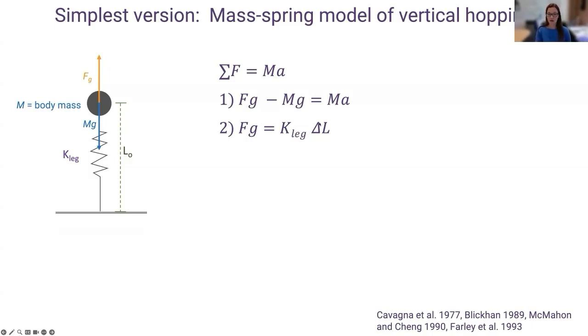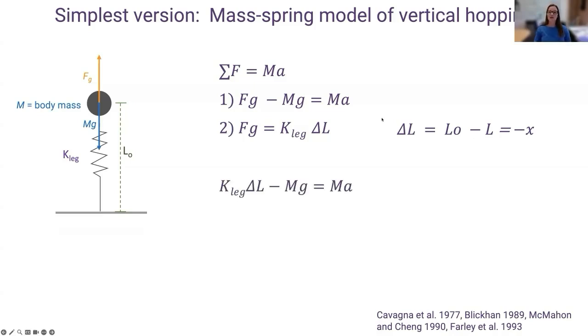spring. So that delta L, the compression of the leg spring, is calculated as L naught, the resting length, right, which we would measure as the standing hip height of an animal, minus L, which is equal to the motion in the negative x direction. Okay. In this case, we just have a single direction of motion, which is the vertical. So negative x is the vertical motion.